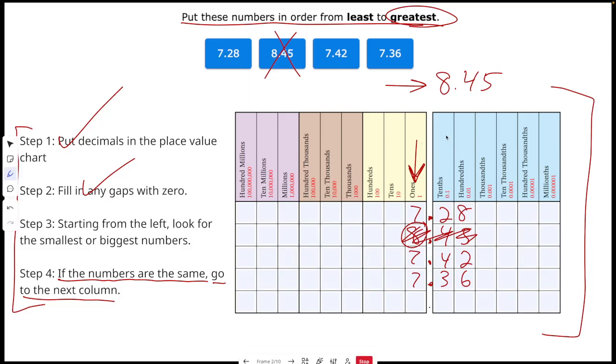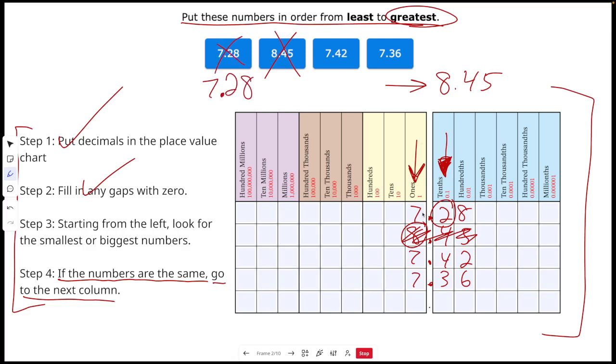So now let's look at the 10th position. All of these are different numbers, so we're going from least to greatest. What's the smallest number in the 10th column, in the second column? Well, it's this number right here, the 2. Out of those numbers, 2, 3, 4, 2 is the smallest, so that means 7.28 is our smallest number on the list.